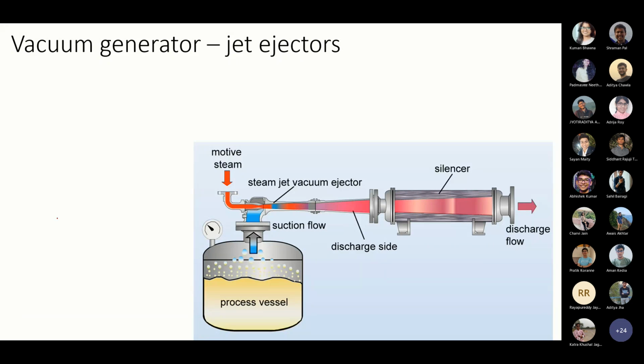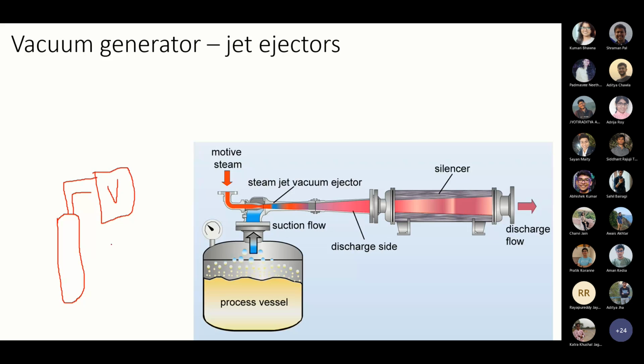Let's say this is the distillation column and you want to do the whole distillation under vacuum. What to do? The top of the distillation column is connected to this vacuum generator. That way, the whole vacuum is maintained.